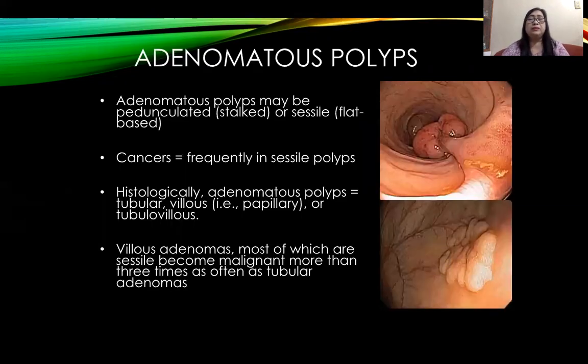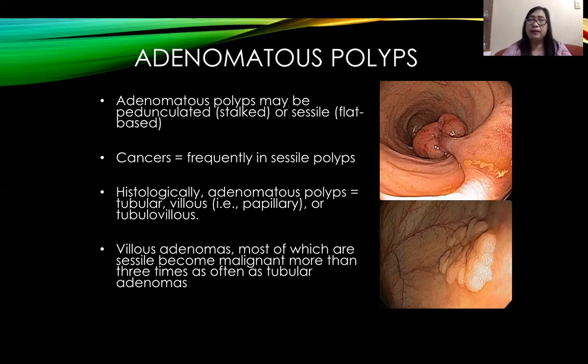Now, adenomatous polyps may be pedunculated, like the upper picture, or sessile or flat base, which is the lower picture. Most of the cancer frequently arise from your sessile polyps or the flat base polyps. Histologically, adenomatous polyp may be tubular, villous or papillary, or tubulovillous.